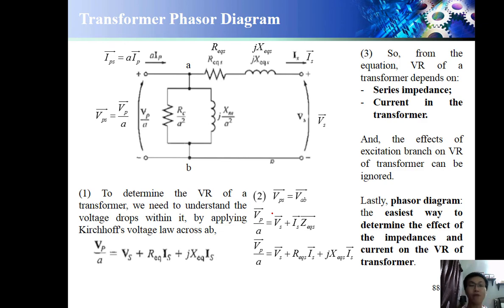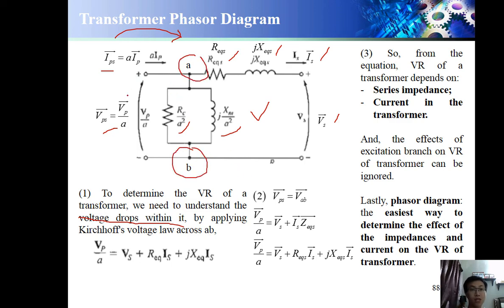When we talk about the phasor diagram, we need to know the equivalent circuit. So, let's have a look. All the primary is referred to the secondary. So I have VP over a, I have IS, then I have R equivalent secondary and X equivalent secondary, VS, IS. To determine the VR of a transformer, we need to understand the voltage drop within it, by applying voltage across this.